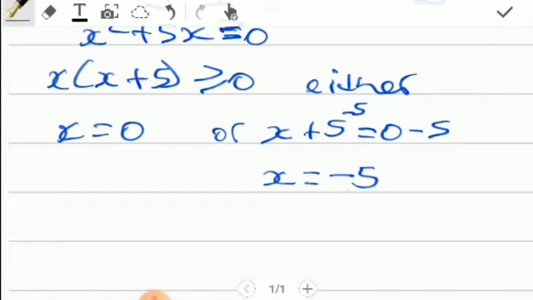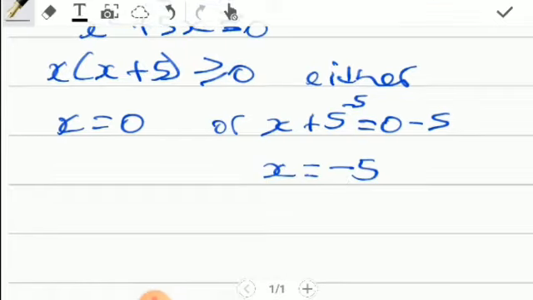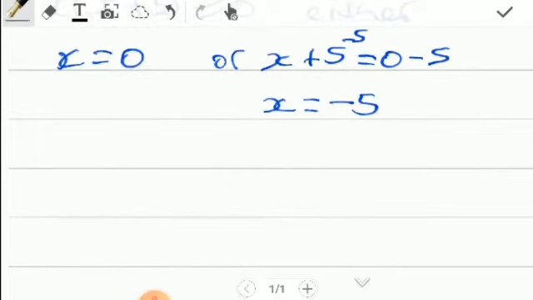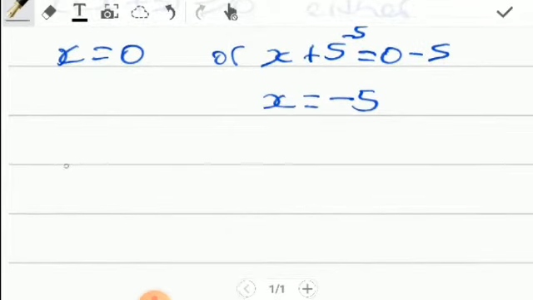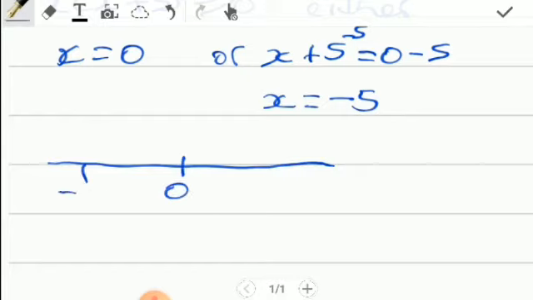So we're going to go on the number line now with these. On our number line, we have 0 here, negative 5 here, going to negative infinity on one side, and positive infinity on the other.